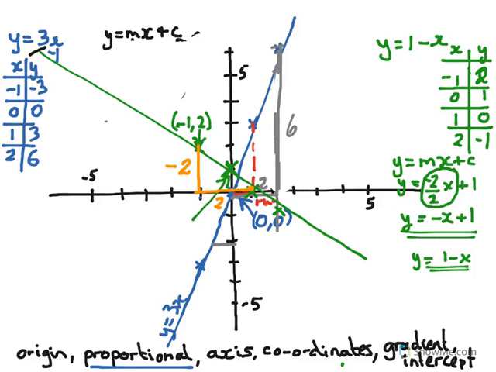The other point that we took our gradient from was down here, and that is at the point x equals 1 and y equals 0.